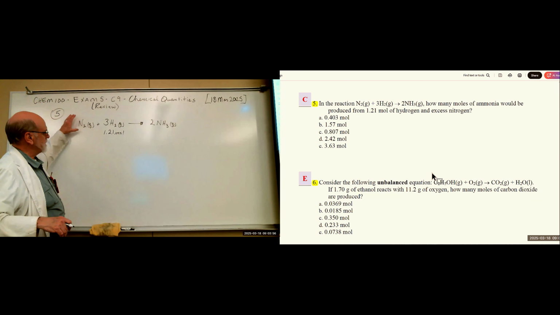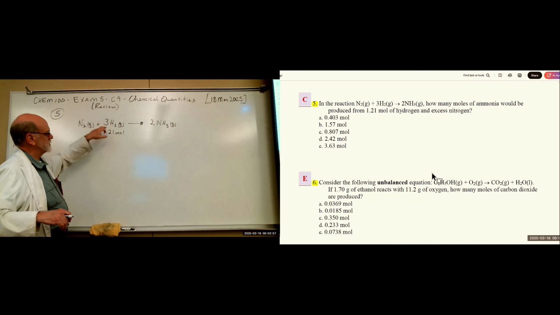So we're starting with the Haber-Bosch process where nitrogen and hydrogen are combined to make ammonia. And we're given 1.21 moles of hydrogen and excess nitrogen. With excess nitrogen, it doesn't matter how much. We don't have to consider any exact amounts here.